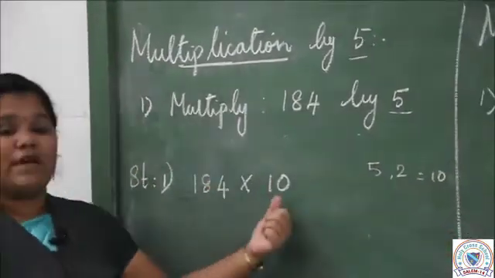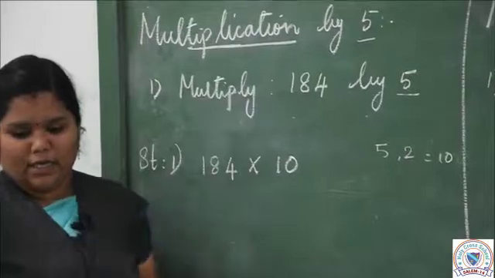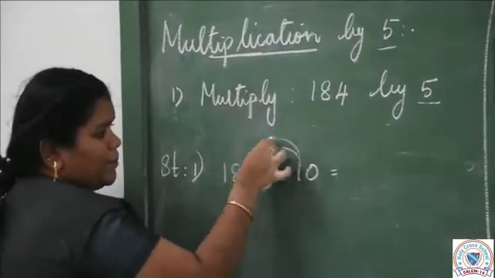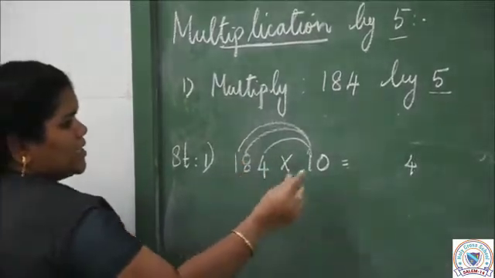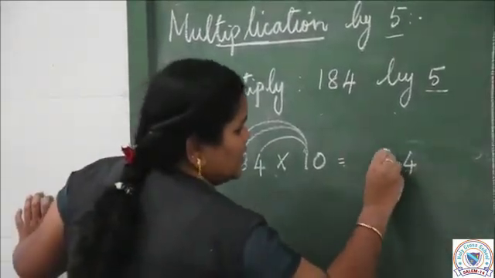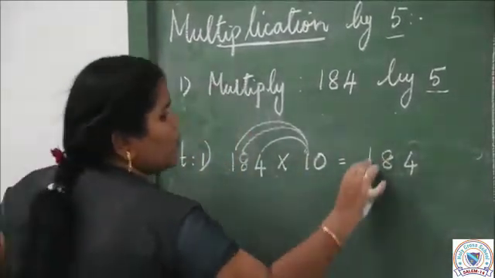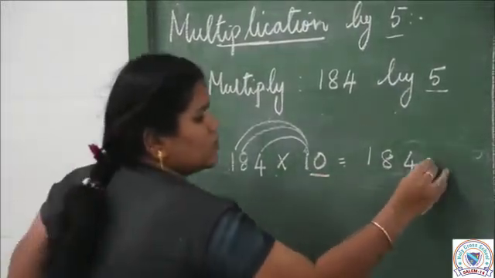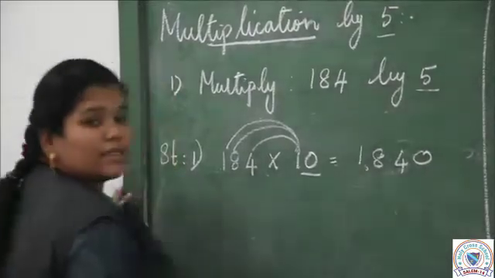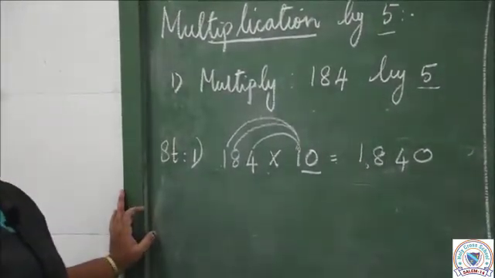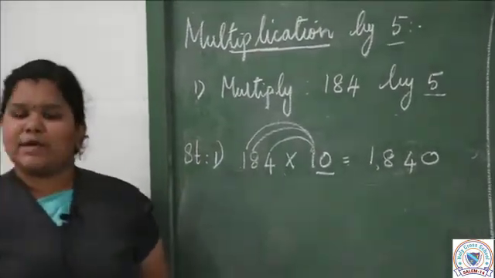So we have taken 10 to multiply. Multiply the numbers first: 1 4s are 4, 1 8s are 8, 1 1s are 1. And add the zero along with the product. The answer will be 1840. This is your first step.